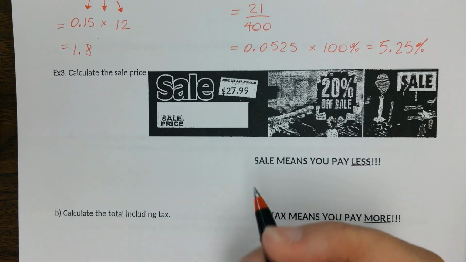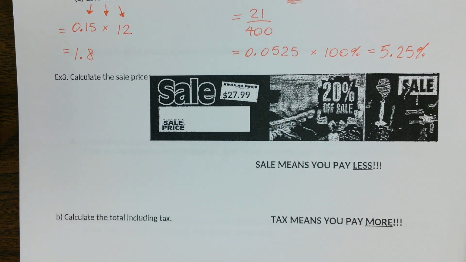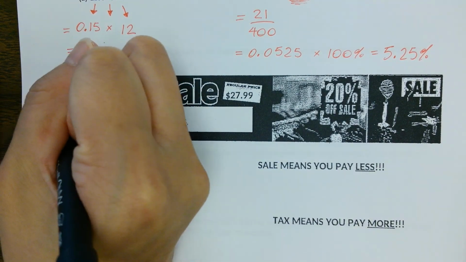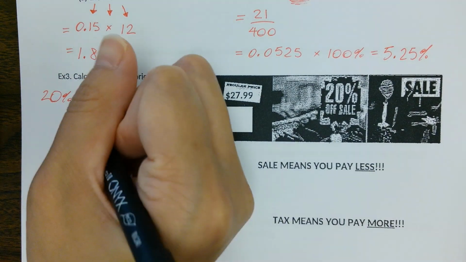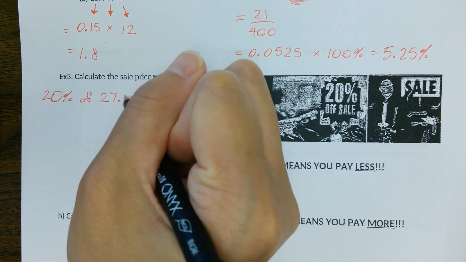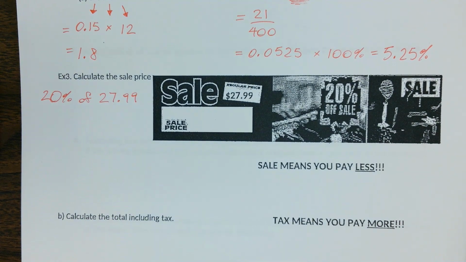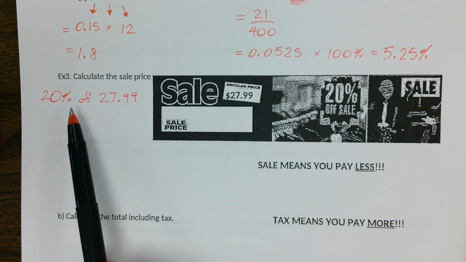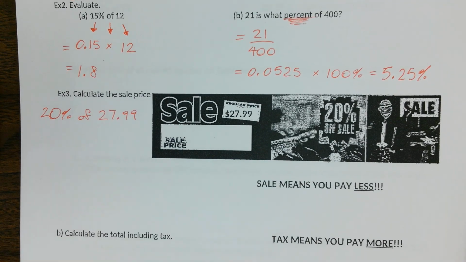All right, so I'm going to show you guys two ways to do this math. I'm going to show you the regular way, and then I'm going to show you a shortcut way. Yeah, there is a shortcut way. Okay, so you're getting 20% off, so 20% of $27.99, just like number 2 right here.